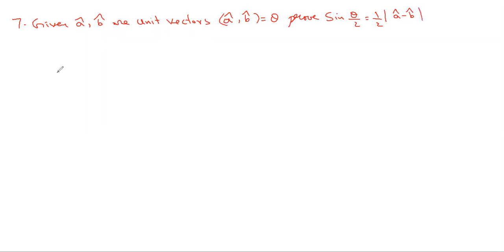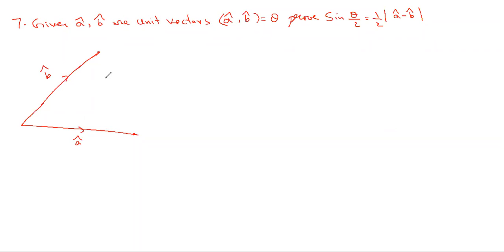That's what they're asking. So when A cap, B cap are unit vectors, let us take this as A cap and this as B cap. Both are unit vectors, their magnitudes are same, directions can be different.